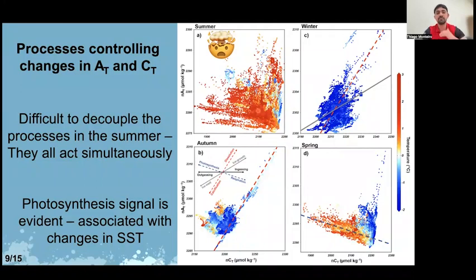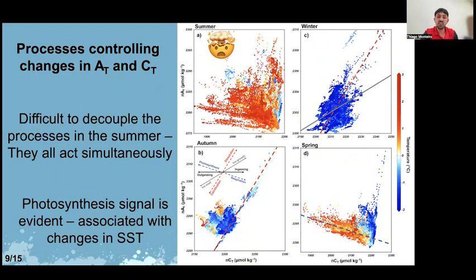So probably all processes act together to change the total alkalinity and dissolved inorganic carbon, and therefore pCO2, but photosynthesis and respiration, probably photosynthesis due to the phytoplankton growth, have a very important role in controlling the carbonate system in this region during the summer.